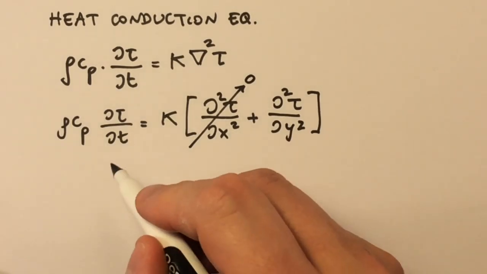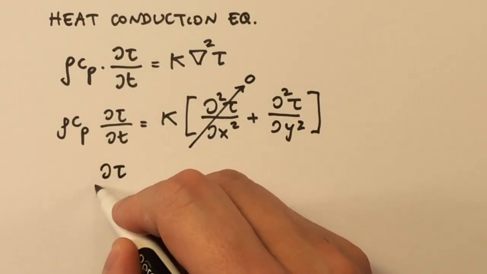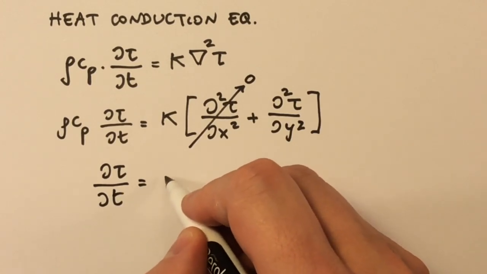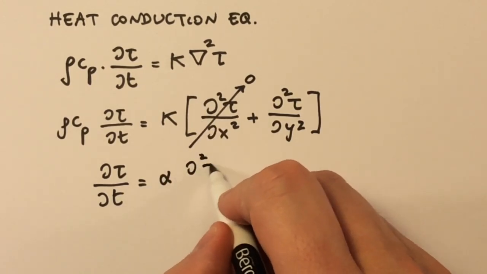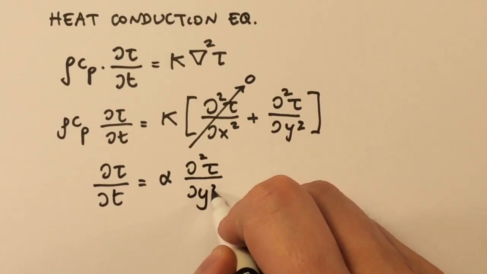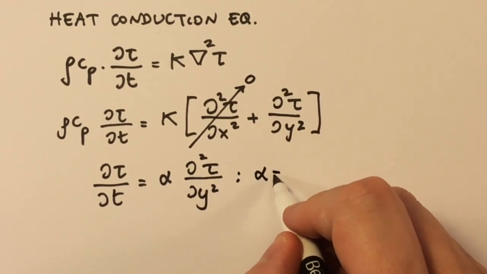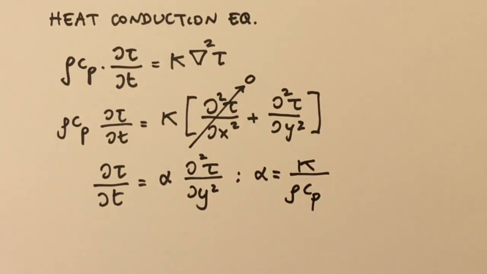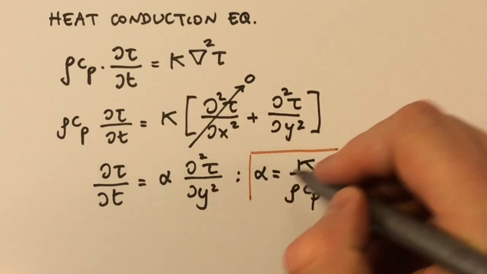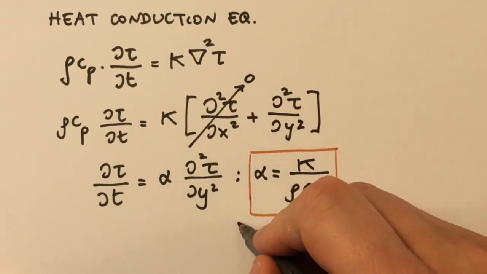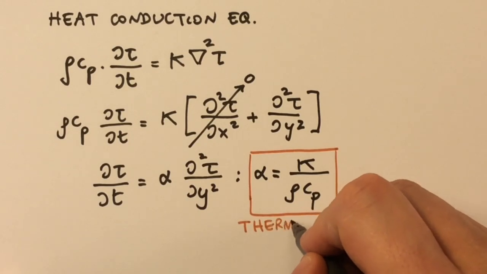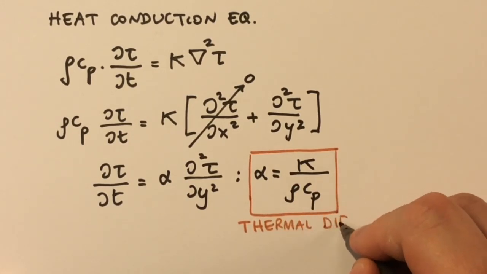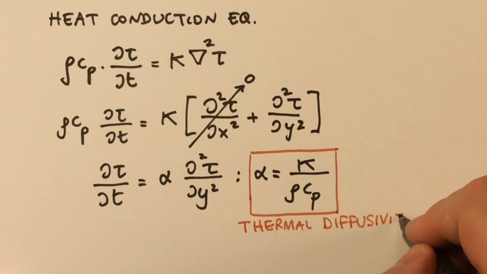So the problem reduces to the following form: partial tau partial t equal alpha second derivative of tau with respect to y, where alpha is equal to K divided by rho Cp. So this is of course the thermal diffusivity.